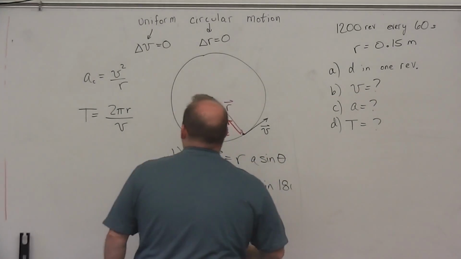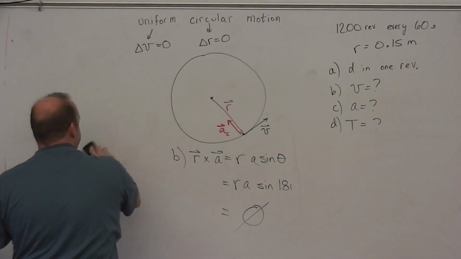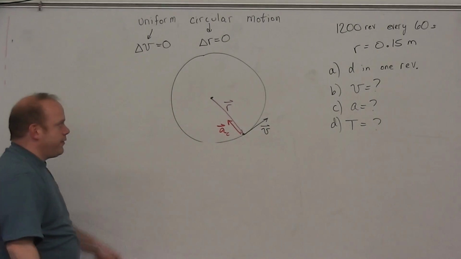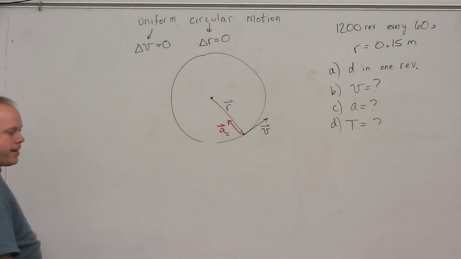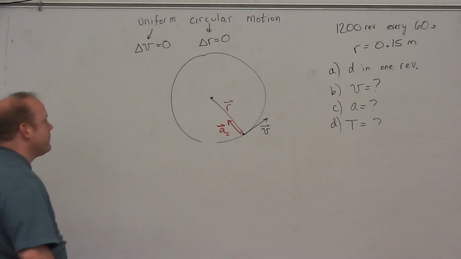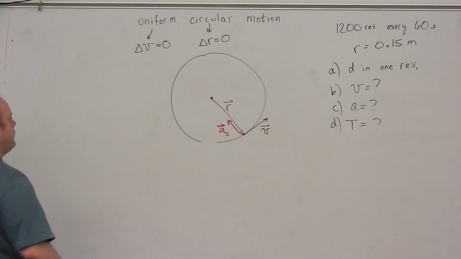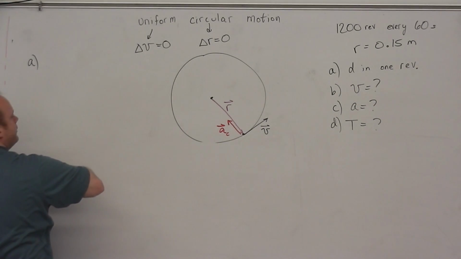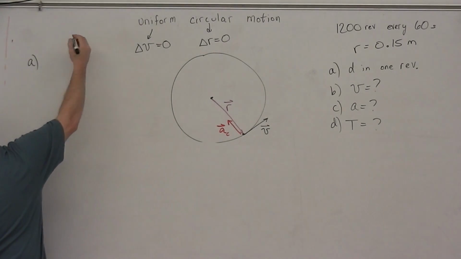Okay, so let's go ahead and solve this one, just so we can still take a look at what's going on here. We're just talking about magnitude, so I don't have to talk about direction. Distance in one revolution: for part A, that distance is going to be the circumference.